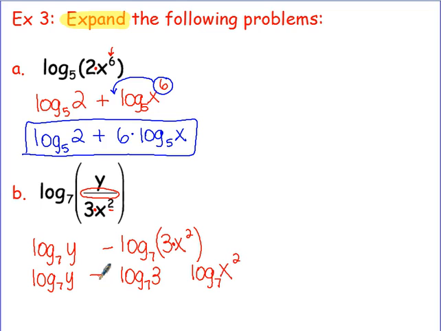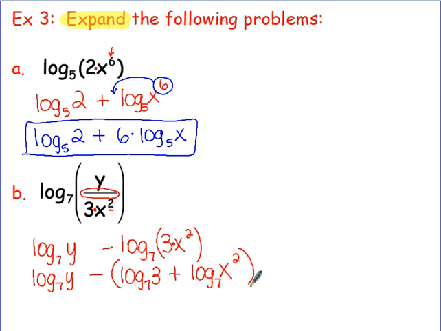This subtraction sign was attached to all of this. So here's a couple of things. Multiplication changes to addition. But because this was attached to the whole log, that has to go in parentheses.